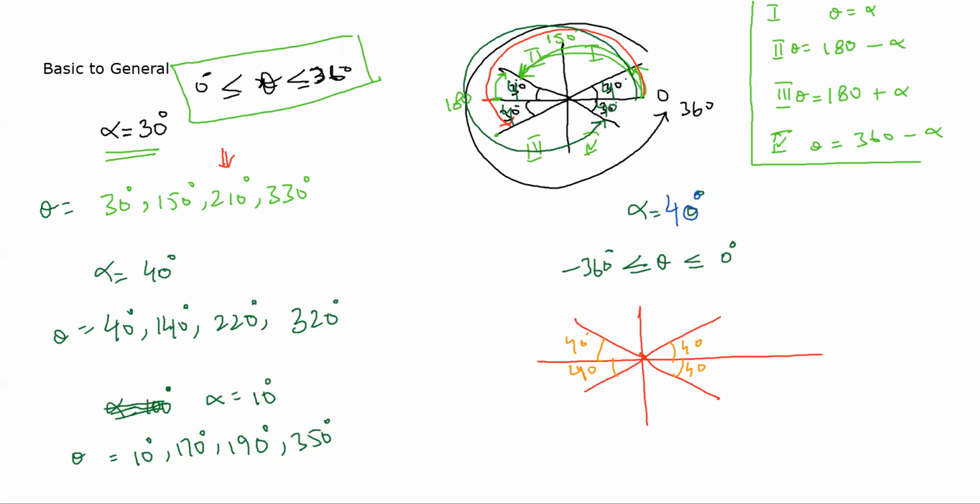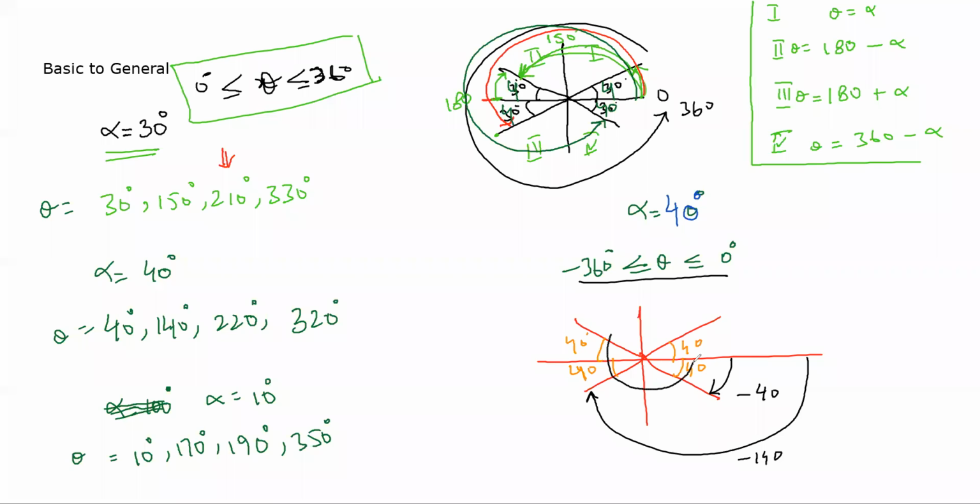Since I have to go in this direction, I have to go clockwise from minus 360 to 0. I'm starting from the 0 here, so I write this as minus 40. This one is going to be minus 140.